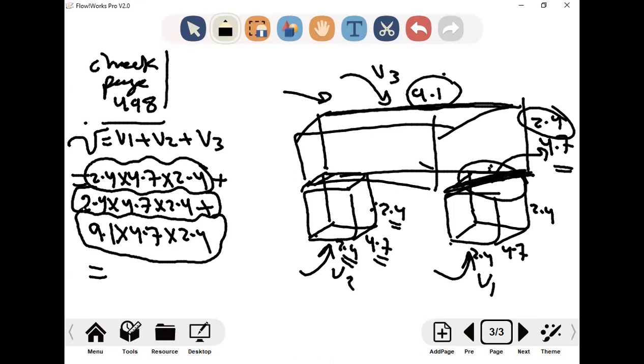So you have 2.4 multiply 4.7 multiply 2.4 plus 2.4 multiply 4.7 multiply 2.4 plus 9.1 multiply 4.7 multiply 2.4. The answer will be 156.792, and the unit is cubic centimeters.